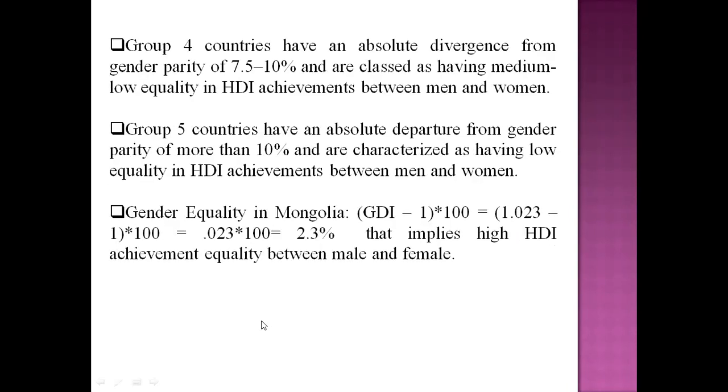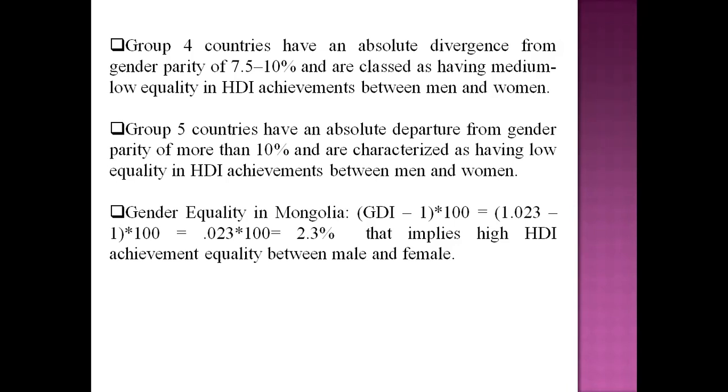Next, countries with an absolute divergence from gender parity of 7.5 to 10% are classified as having medium low equality in HDI.